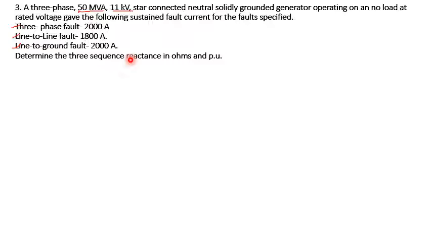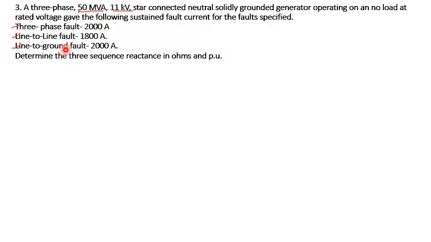Before solving this problem, we should remember the expression for the fault current for the three-phase fault, line to line fault, double line to ground fault and single line to ground fault. And also you should imagine the sequence interconnection diagram for these three.